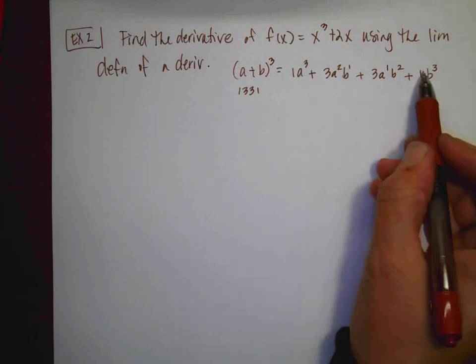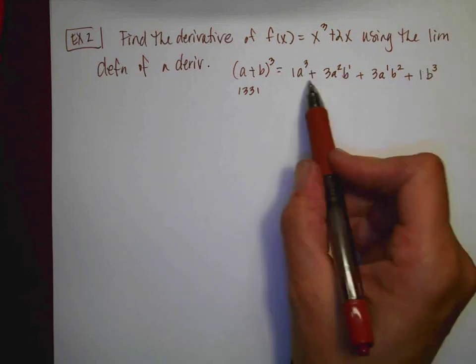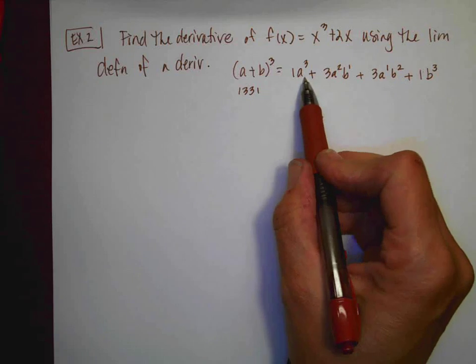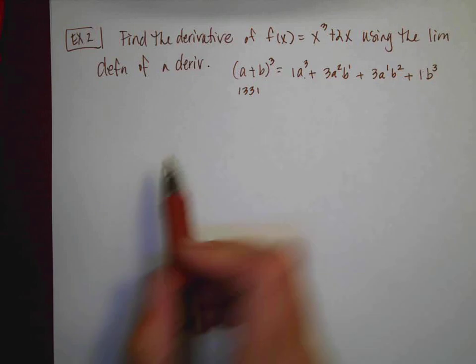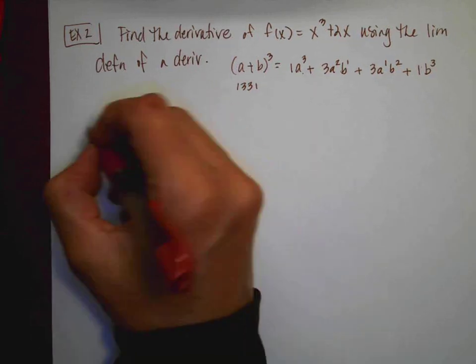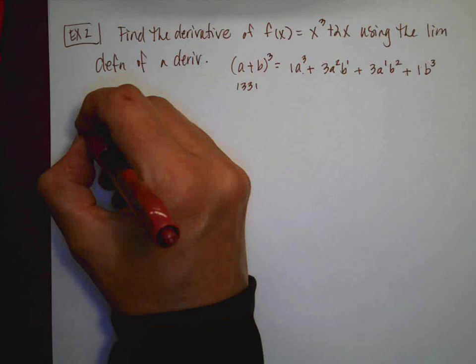In case you remember, the first thing is going down in power. This one is technically a to the 0. The second thing is going up. This is technically b to the 0. And so this would be (a plus b) cubed expanded.